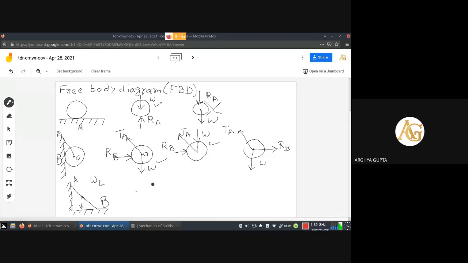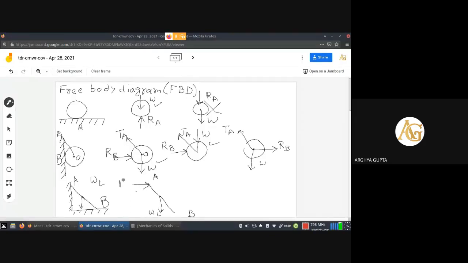Now, to draw the free body diagram, we need to draw AB again separately. A, B. Okay. Now, at the middle, there will be the weight of the ladder, the WL. Now, for point A, we'll have a reactive force like that, isn't it?